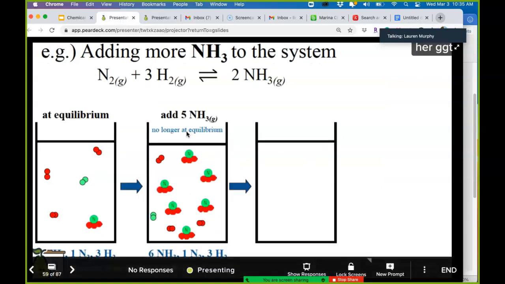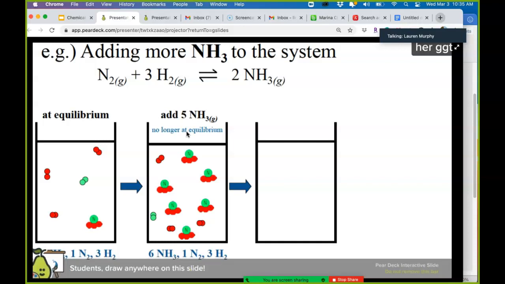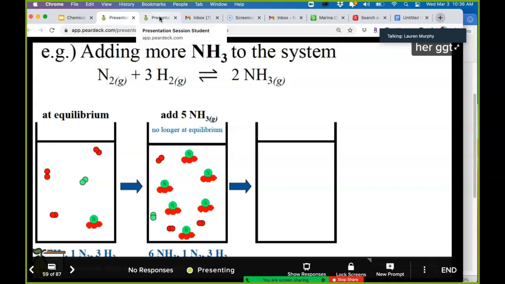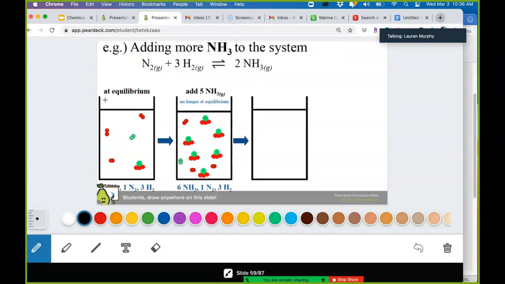So in this specific example, they added 5 more ammonias. So now that we are in equilibrium right here, we're calculating Q, right? Because we're not at equilibrium anymore. So I'll rewrite what my K was. So I've added 5 ammonias. So I'm going to calculate Q right now. So Q equals, there are now 6 total ammonias. Products divided by reactants. My nitrogen and my hydrogen remain unchanged right when I add the ammonia. So I still have 1 nitrogen and I still have 3 hydrogens.